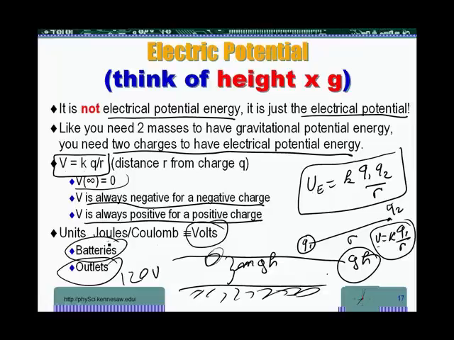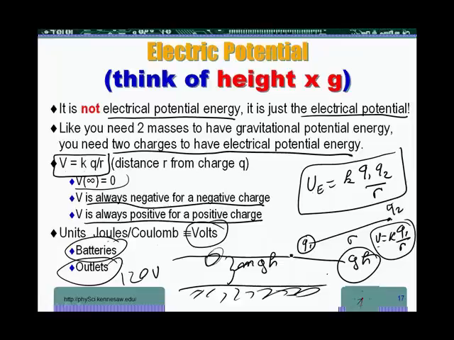Batteries, 9 volt batteries, 1.5 volt batteries. That's the same unit that we use for electrical potential. We'll see later on, usually when we deal with batteries and outlets, we don't worry about electrical potential, we worry about changes in electrical potential. Like for gravitational potential energy, we worry about changes in gravitational potential energy, not gravitational potential energy.